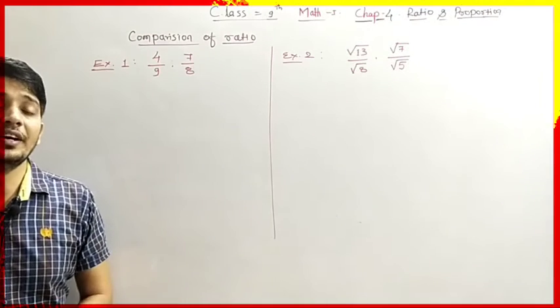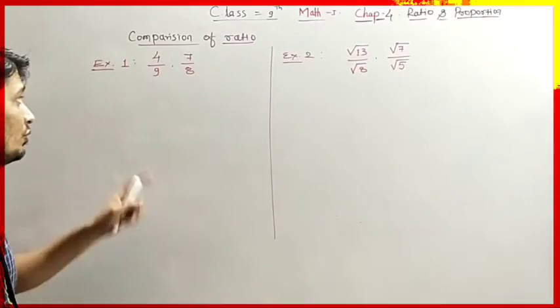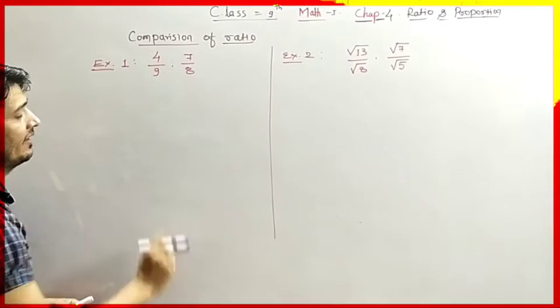Now we will understand how to compare ratios with the help of examples. First example: we have 4 divided by 9 and 7 divided by 8.